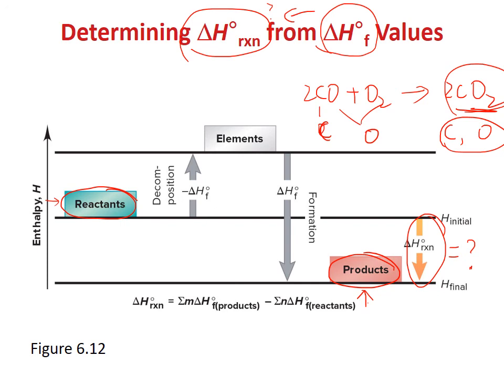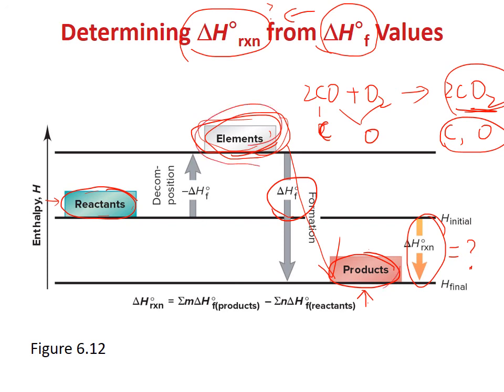So suppose reactants come from these elements, and the product also comes from these same elements. According to the definition of the standard enthalpy of formation, these elements combine to form the product. The enthalpy change at the standard state is called the standard enthalpy of formation of the product.